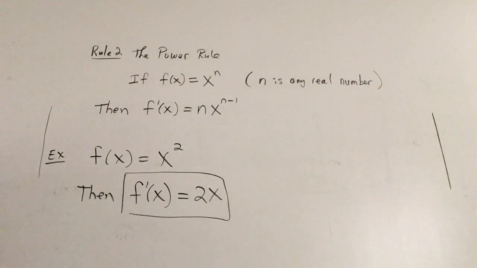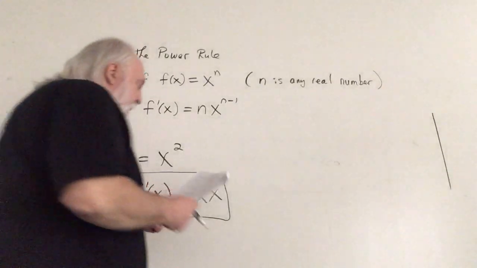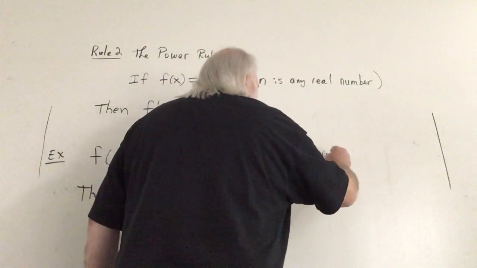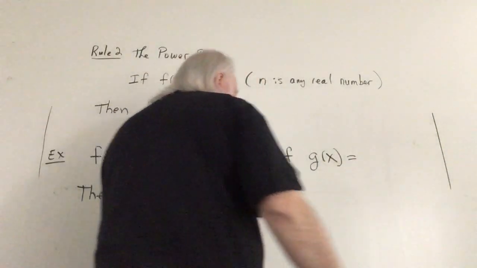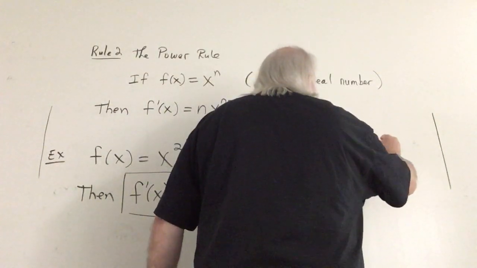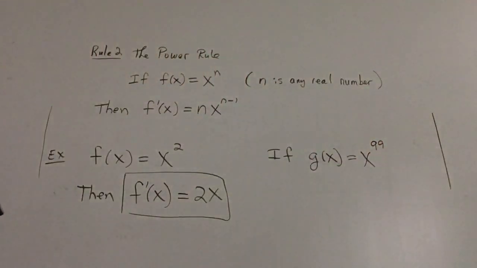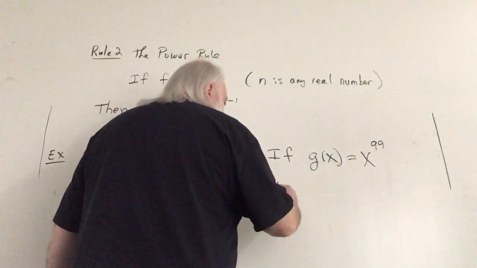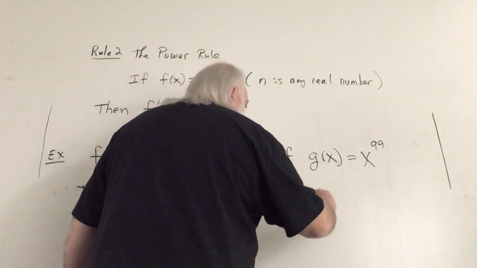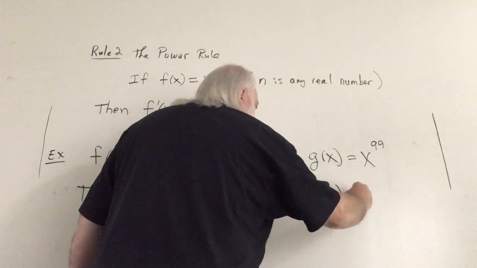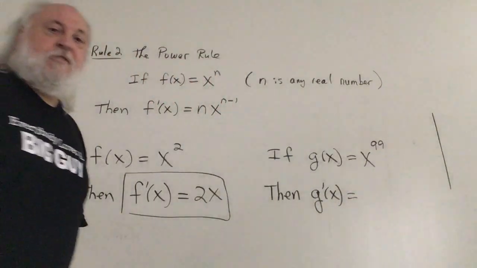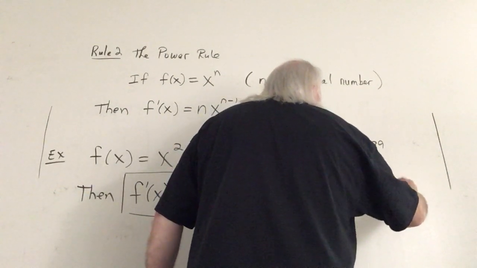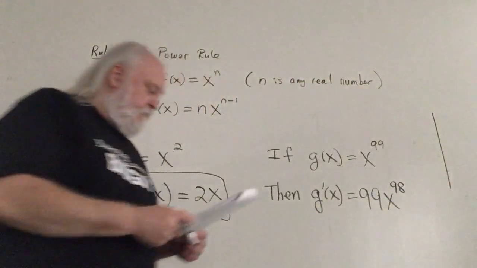In the second example, we have g of x is equal to x to the 99th power. So the derivative of g of x, which we denote with g prime of x, is equal to 99 times x to the 98th power.